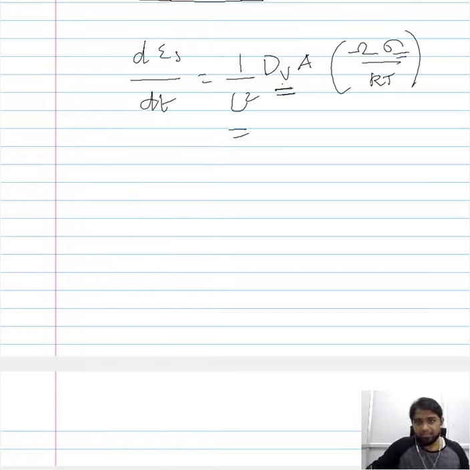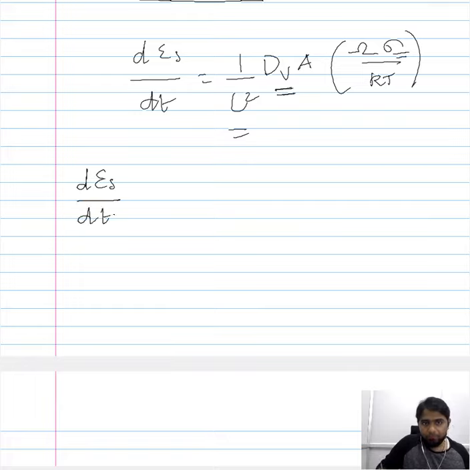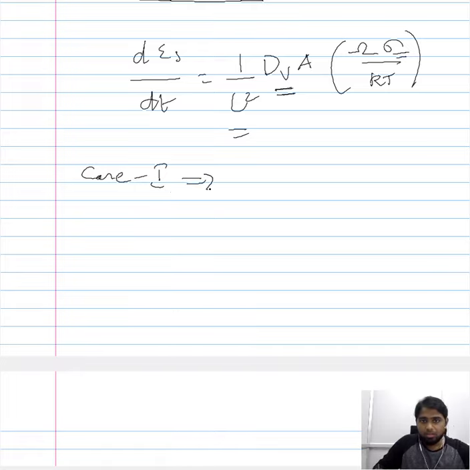Now you can write this in different ways, in the sense you can separate how the vacancies diffuse, meaning you can write this term in two ways. Supposing in case 1, say you have two cases, the diffusion of vacancies occurs largely within the grain.